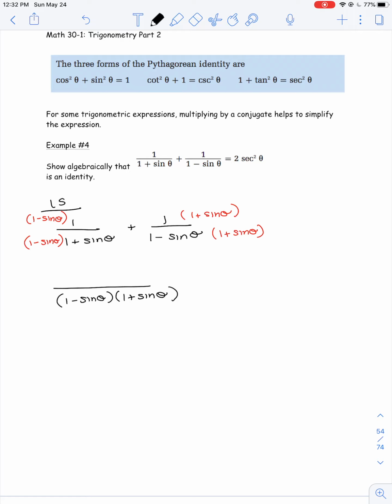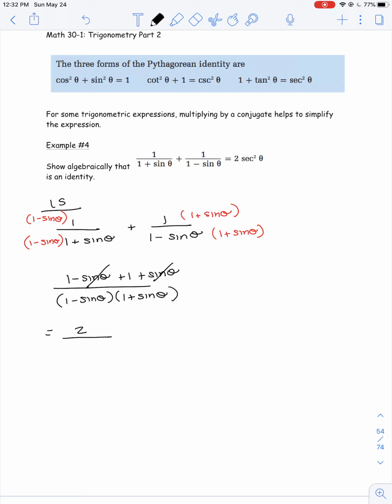And then multiplying by 1 at the top doesn't change it. So I'm going to have this at the top plus 1 plus sine theta. Now what you should notice is that these guys cross each other off, leaving us with 2 at the top of our fraction. Now, normally we don't try to expand the bottom, but in this case I will, because it will make it easier to look at.